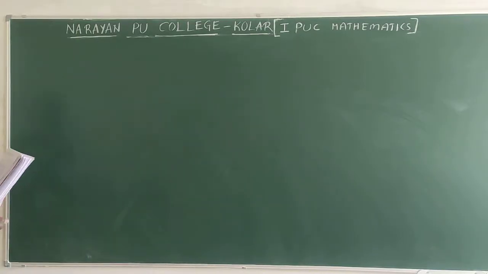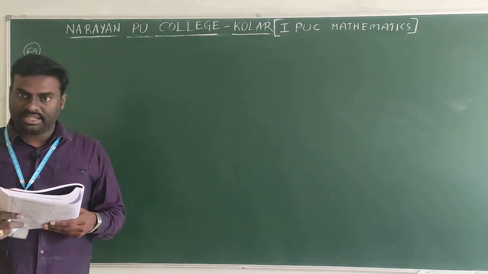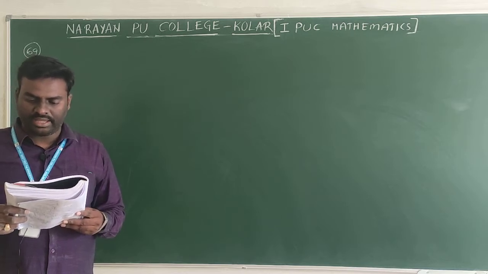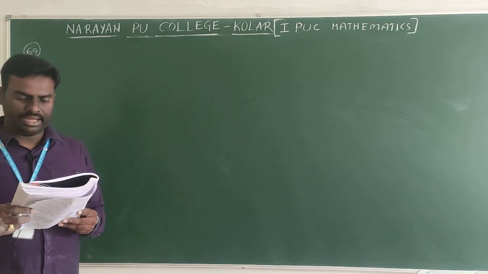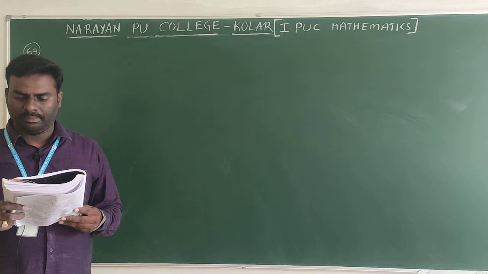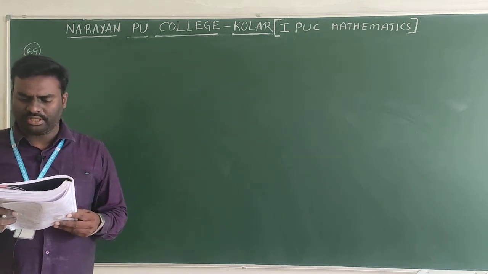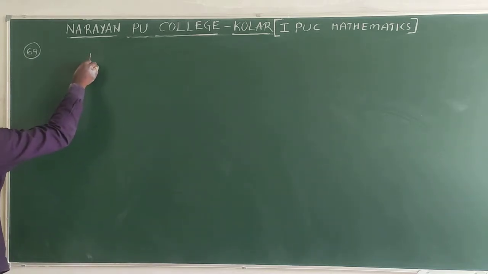Next, 69. ABC is a right angle triangle of which A is a right angle and BD is drawn perpendicular to BC and meets CA produced in D. Okay, first I will draw it one by one.